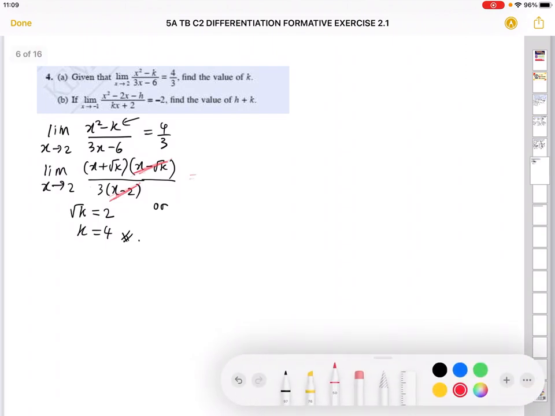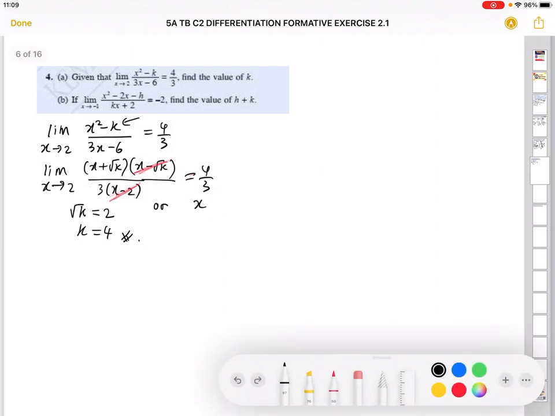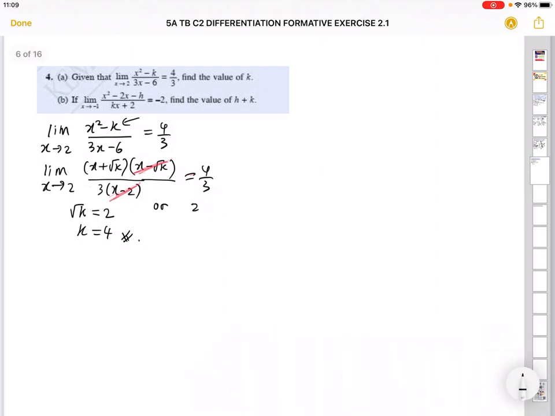So that means if I put 2 inside your x, this will be 2 plus root k over 3. My answer should be 4 over 3. So with that, 2 plus root k should be 4, root k should be 2, k should be 4, right? Okay, so those are the two ways of thinking on how to find the value of k.